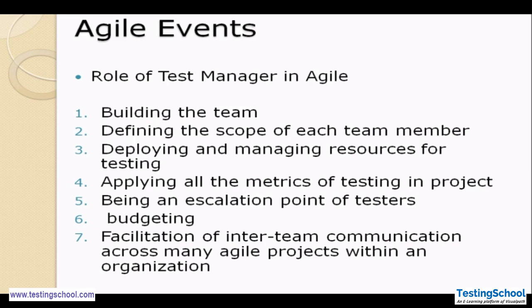It is the test manager's responsibility to build his or her team for software testing. Then it is the test manager's role to define the scope of each team member. Which team member does what should be decided, and the scope is defined by the test manager only.